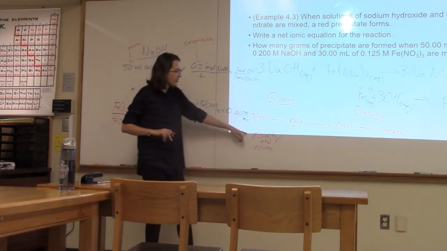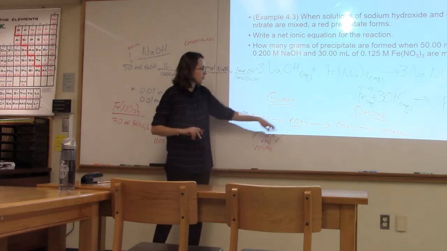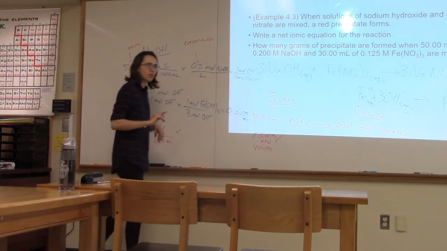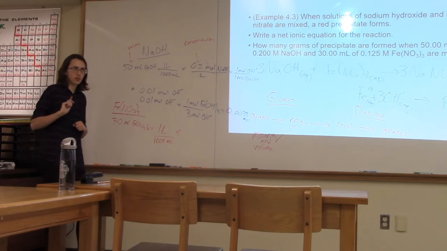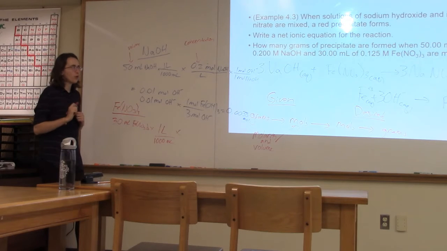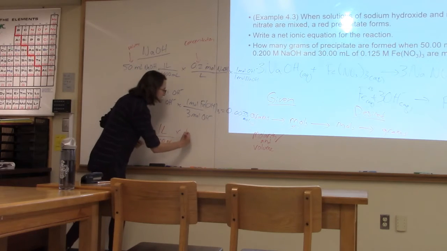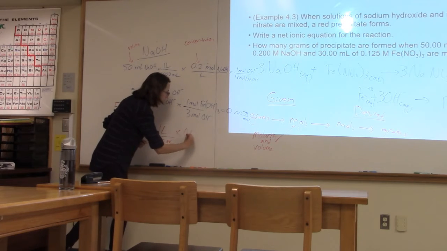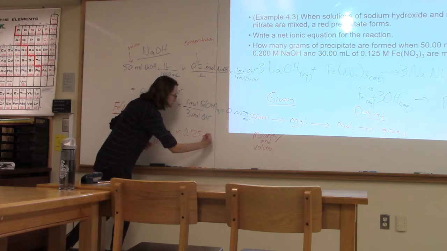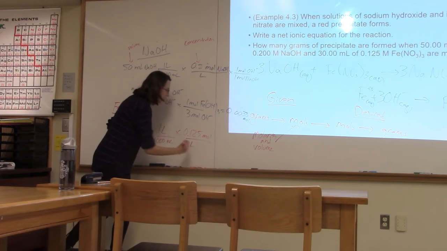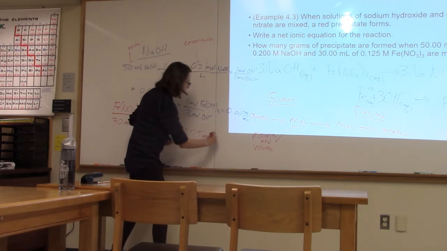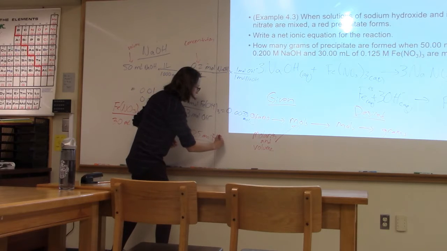Remember, molarity and volume decide what I want to get. I want to get to moles. Then we add 0.125 moles over 1 liter. 0.125 moles per liter. Do we only want to know what is it called?